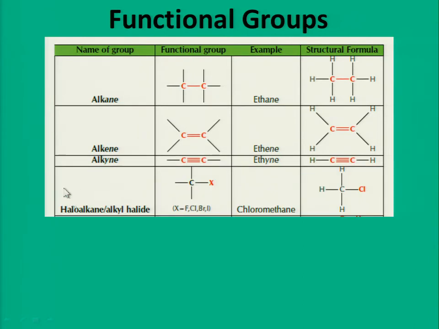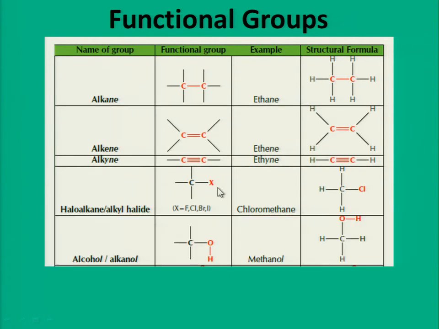The next functional group is alkyl halides or haloalkanes. That means you have a carbon where one hydrogen is substituted with a halogen. Halogens are fluorine, chlorine, bromine and iodine. Alcohol.